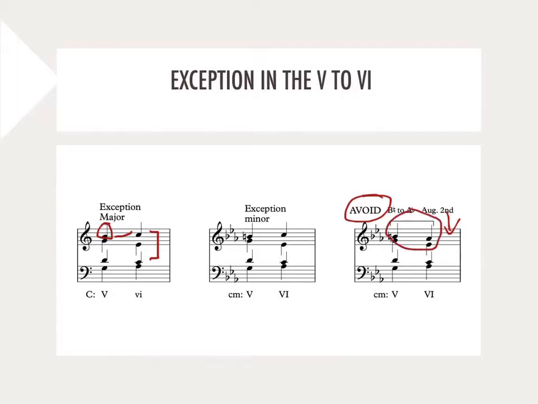You avoid augmented seconds in voice leading. To get around that, you would take the B to the C, or the leading tone to the C, and double the third in the sixth chord. So 5 to 6 in minor, you must double the third in the sixth chord.